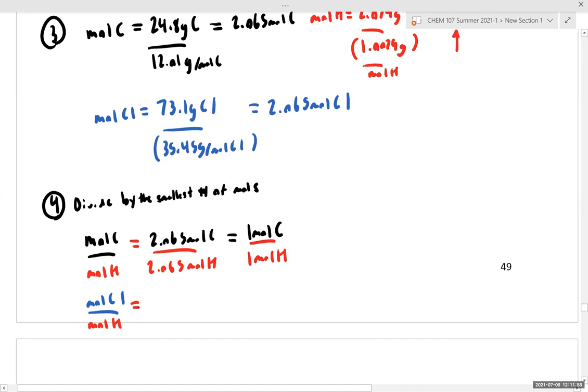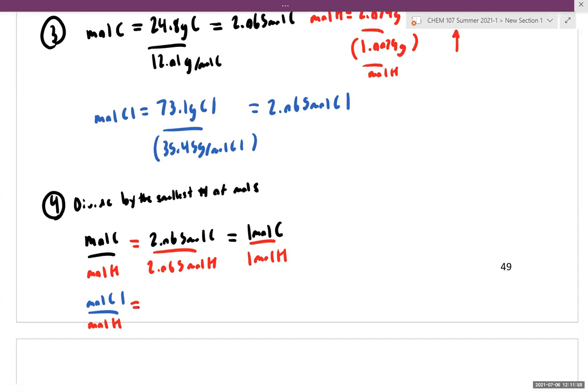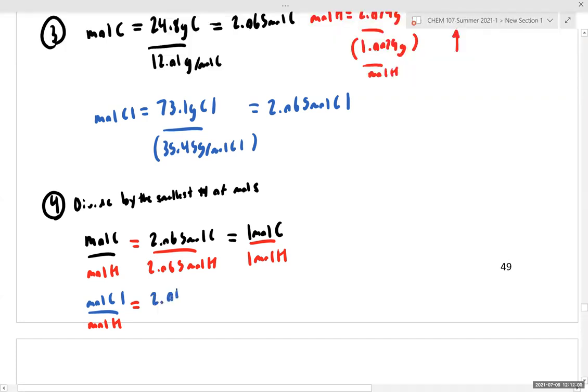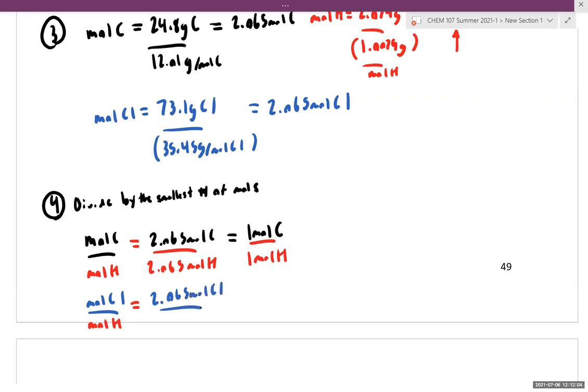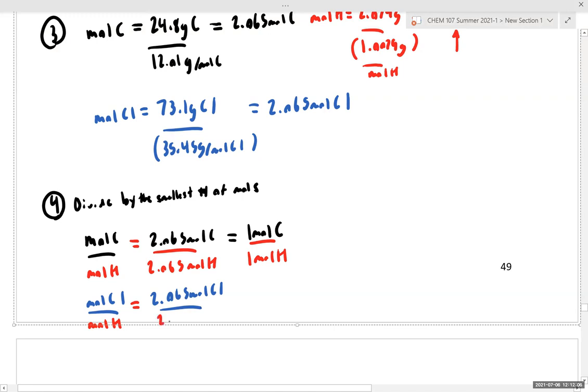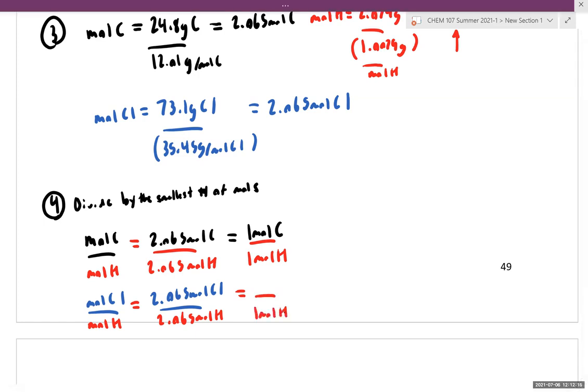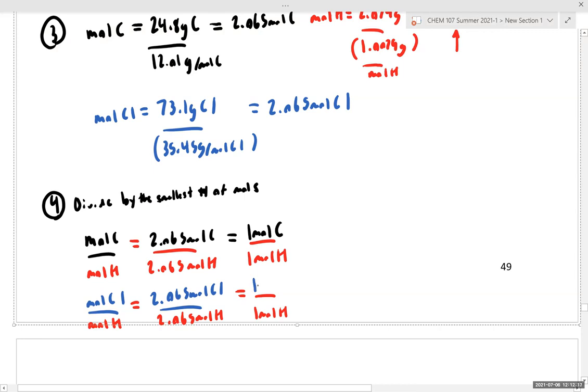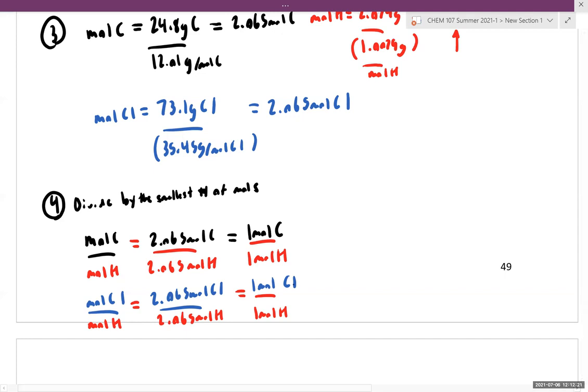In this case, we have 2.065 moles of chlorine divided by 2.065 moles of hydrogen. Again, we have a 1-to-1 ratio. 1 mole of chlorine per 1 mole of hydrogen.